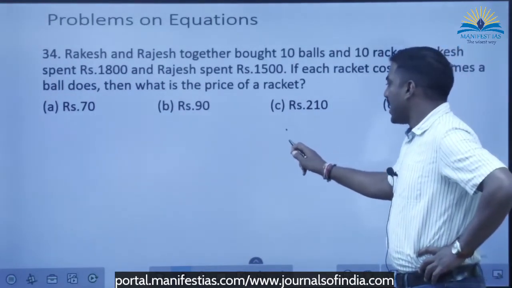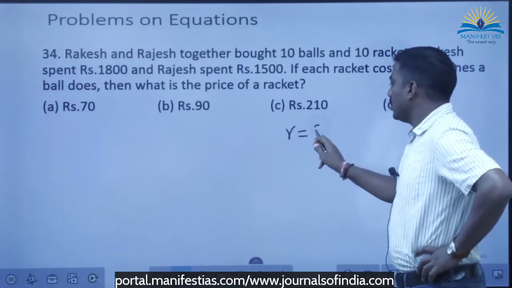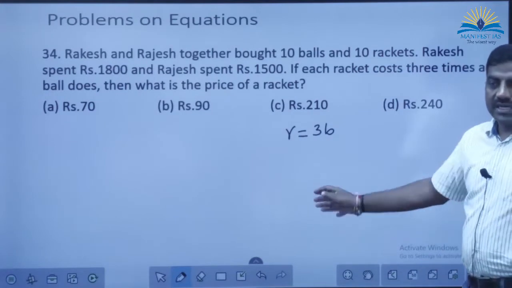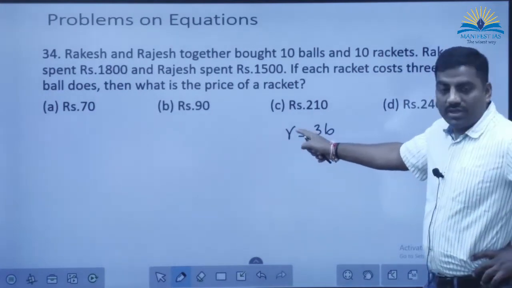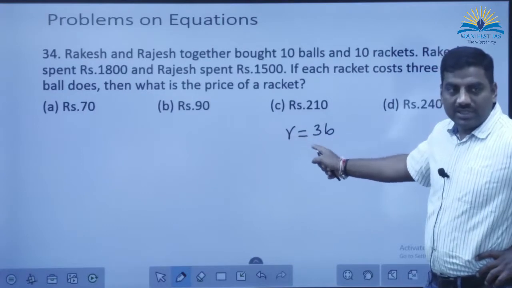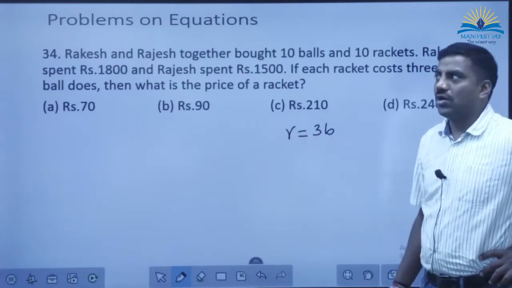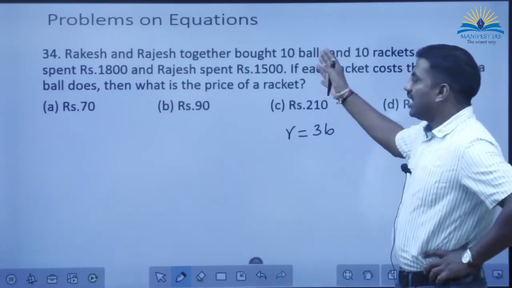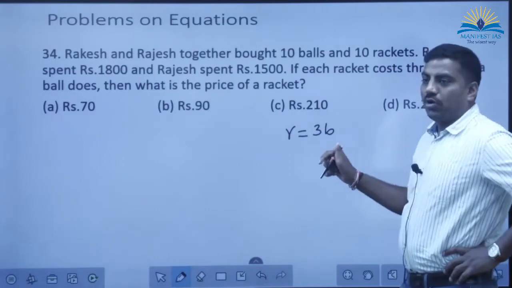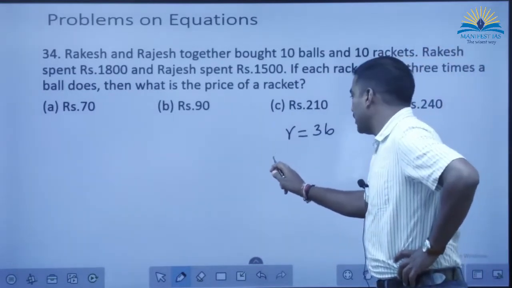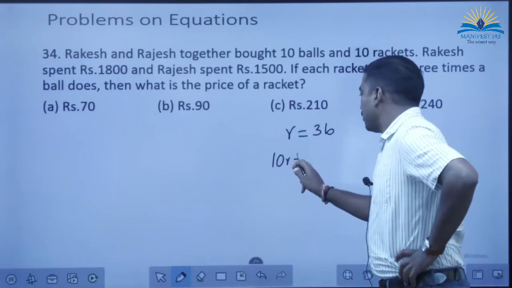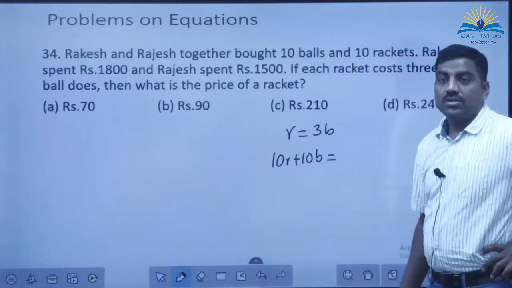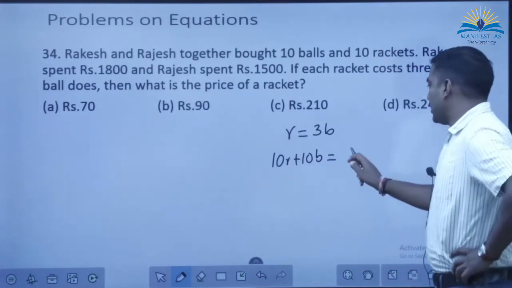Cost of a racket is equal to 3 times the ball. Isn't it correct? Cost of a racket, R, is equal to 3 times the cost of a ball. Yes or no? Now one more equation that we have to construct. Already they have given 10 rackets and 10 balls. So what can I write? 10 rackets plus 10 balls totally cost how much? How much? 3,300. Very good.